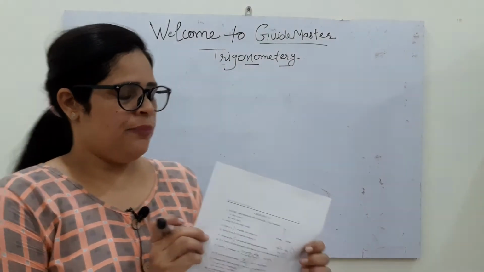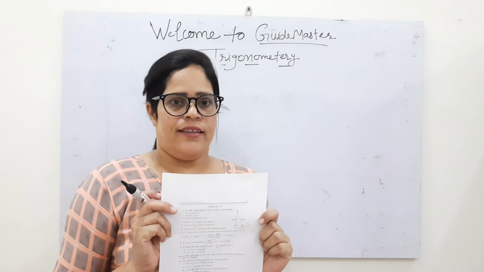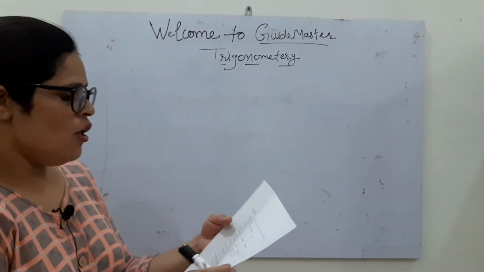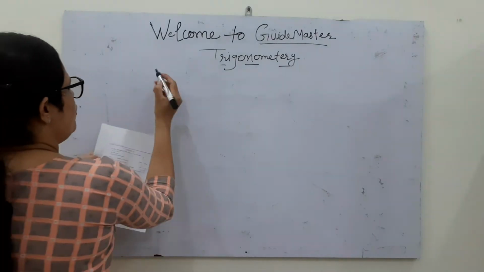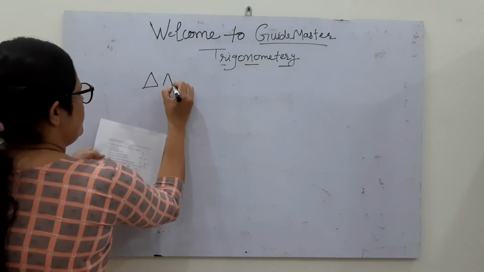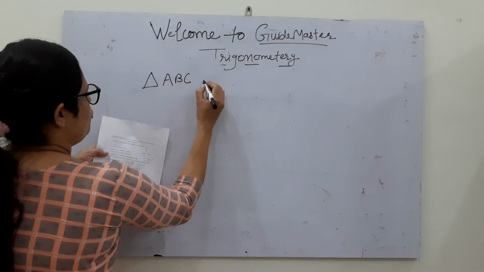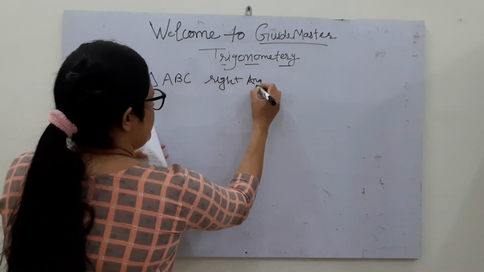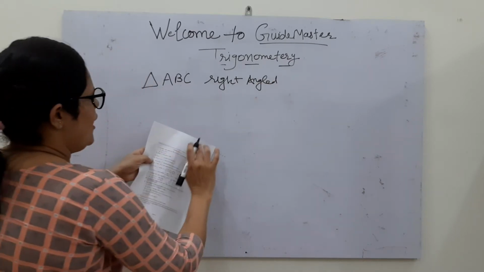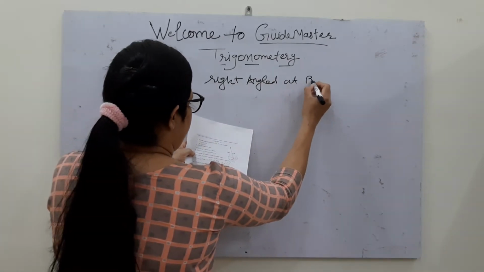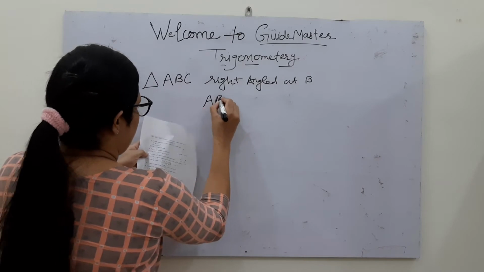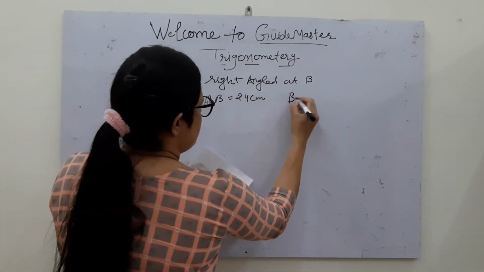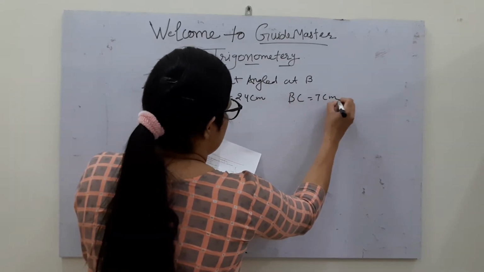Now this is the 8.1 exercise of NCERT class 10th. So the first question is, we have triangle ABC, a right angle triangle, right angled at B, where AB is given as 24 centimeter and BC is 7 centimeter.